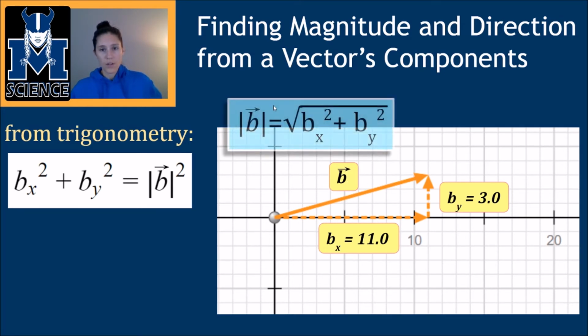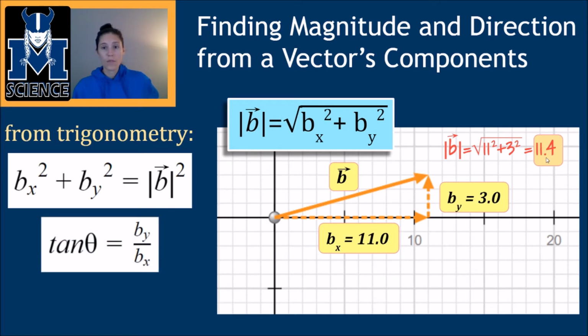So if we rearrange that a little bit, we can find the magnitude of this vector by taking the square root of the x component squared plus the y component squared. Take the square root of that, and that'll give us the magnitude of the vector. So here we get the magnitude of B, or the length of that vector, is 11.4.